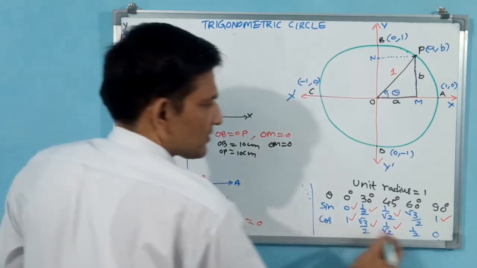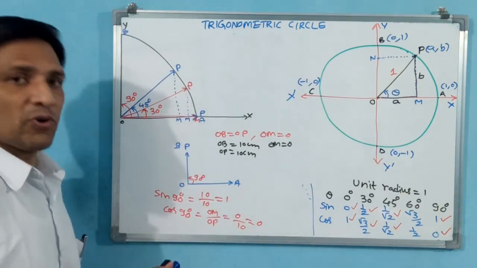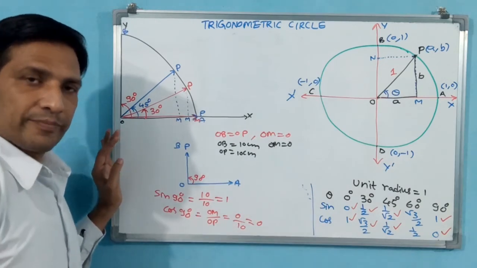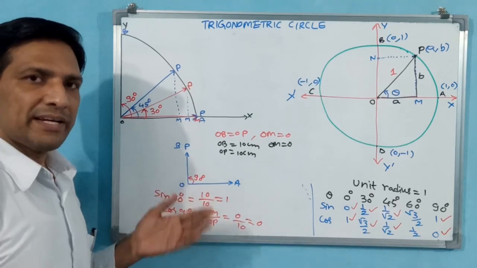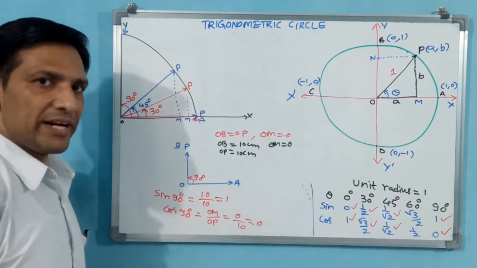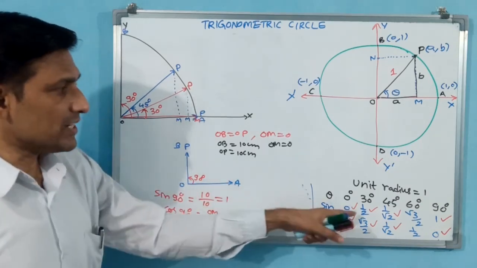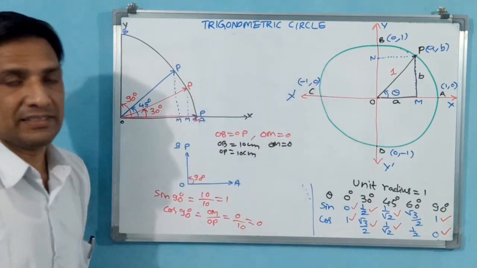That is why at 90 degrees, cos theta will be 0. Okay? You understand now how these results have come? Okay? With your ordinary pencil, paper, eraser, protractor, scale, ruler. With that only you came to know all these results. But you take the unit as 10 centimeter and based on that you are going to get these results.